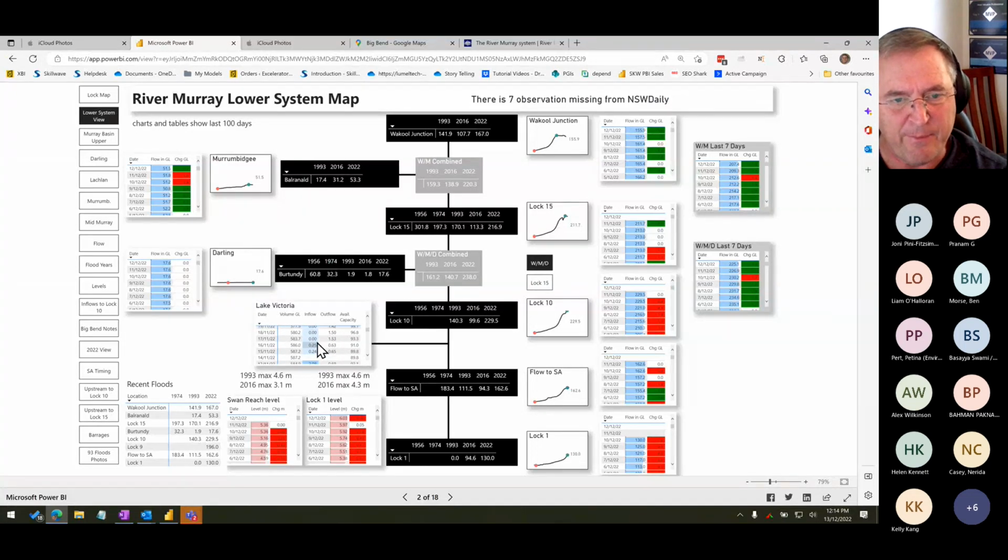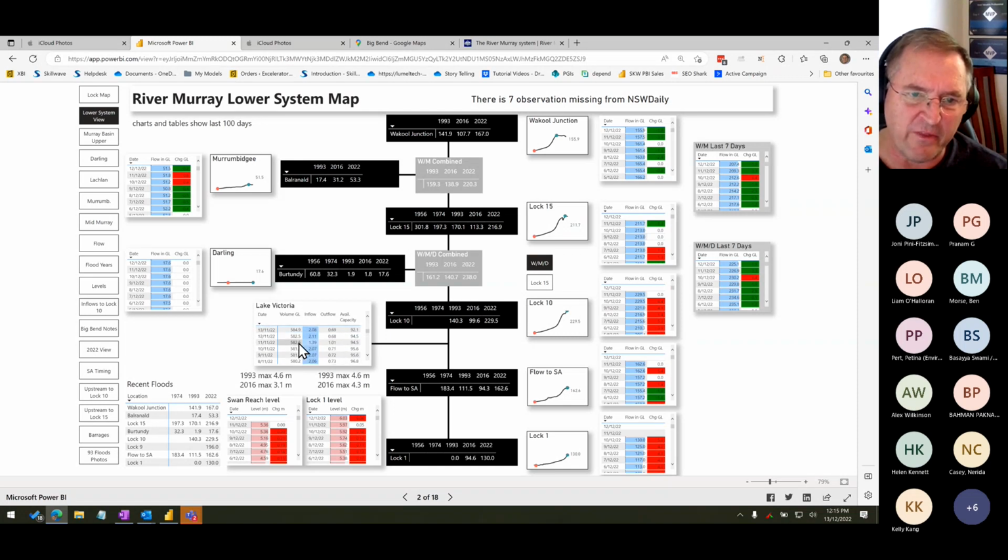So I started keeping track here. If you go right back to early November, you'll see that they were basically taking 5 or 6 gigalitres of water per day into Lake Victoria, letting very little out.